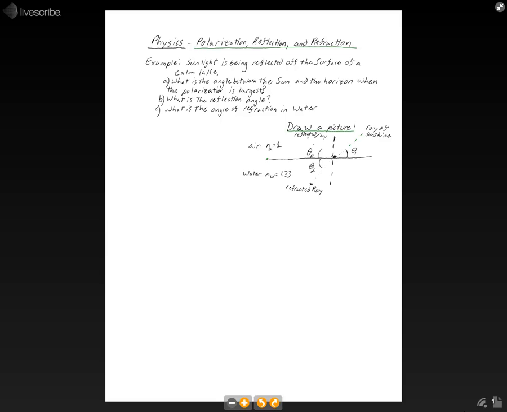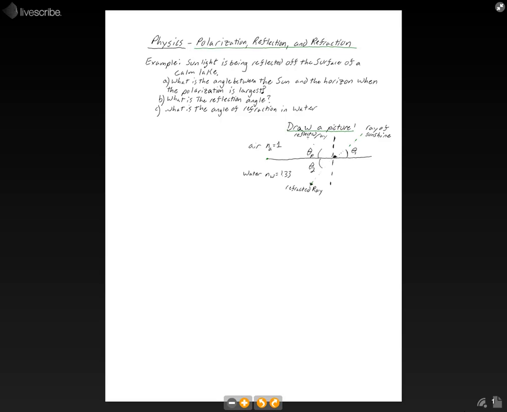Then that ray of light is coming down and hitting the water, and the light is being reflected away, and so the reflection ray is going off at an angle of basically theta p. So we're just going to call that theta polarized. And then part of the light also goes into the water, and it is refracted by the surface, and so that goes off into the water at theta 2. So we have 3 different thetas.